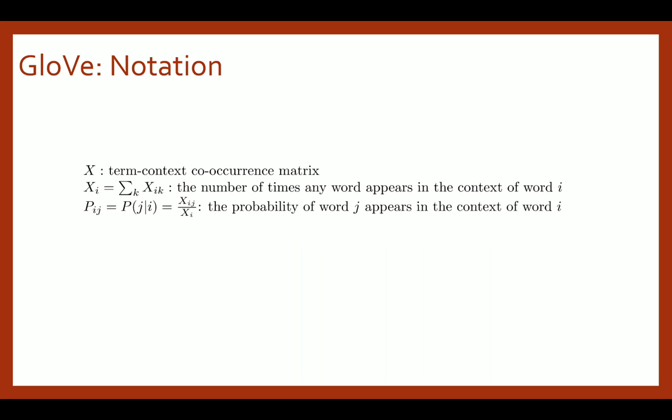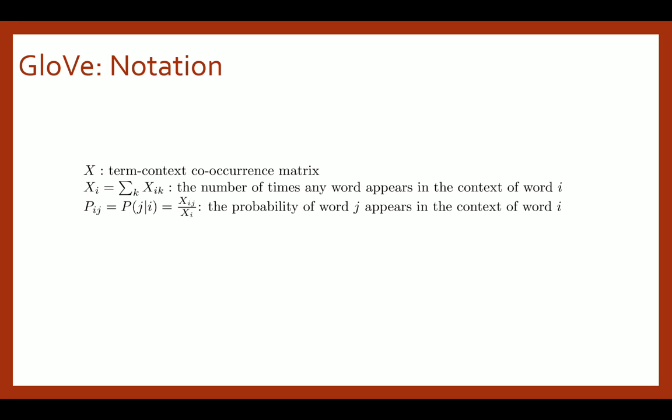Some notation. X is our term-context co-occurrence matrix. Xi is the number of times any word appears in the context of word i. Basically, for the ith row you are taking the sum over the entire columns.